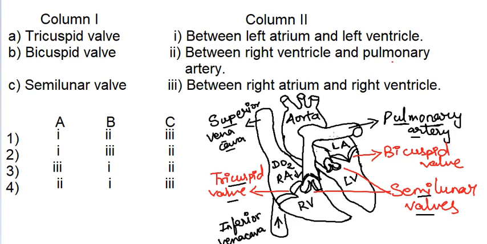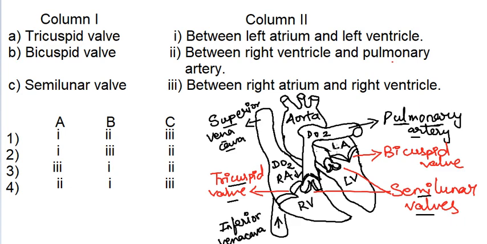Now this deoxygenated blood will go to the lungs and get oxygenated, and there is an exchange between the capillary cells. The oxygenated blood will come back to the heart, towards the left side, into the left atrium.